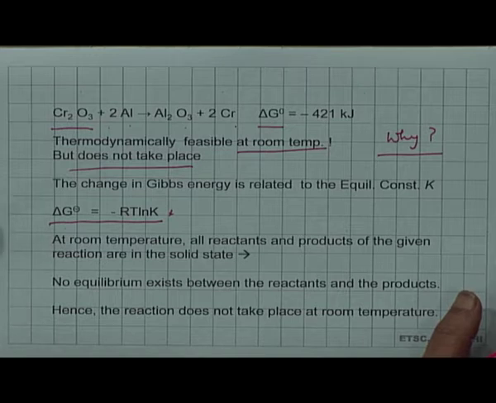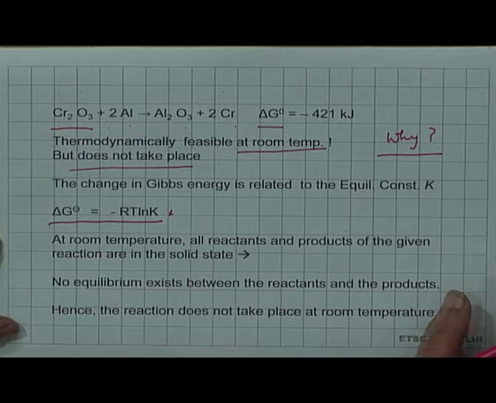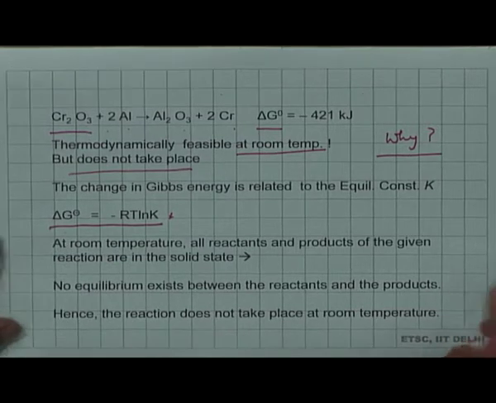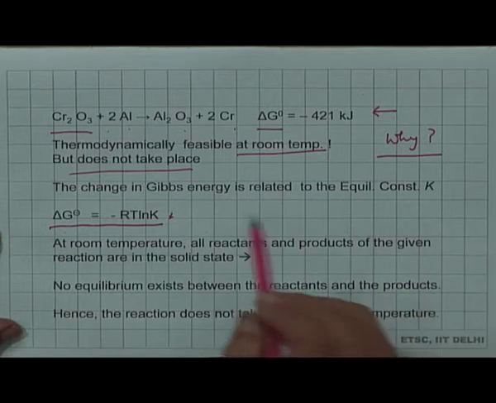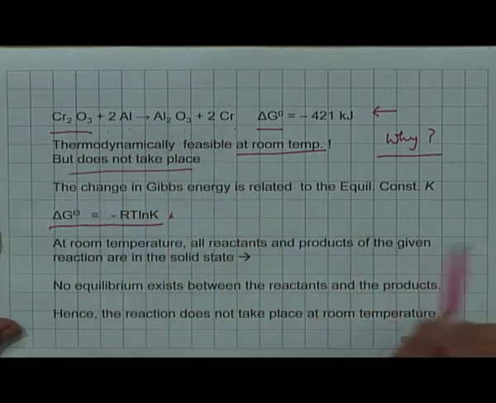For the reaction which has negative delta G0 to happen, it is a must that an equilibrium is set up. Now, if you look at the reaction at the top, you will see that all are in solid state.